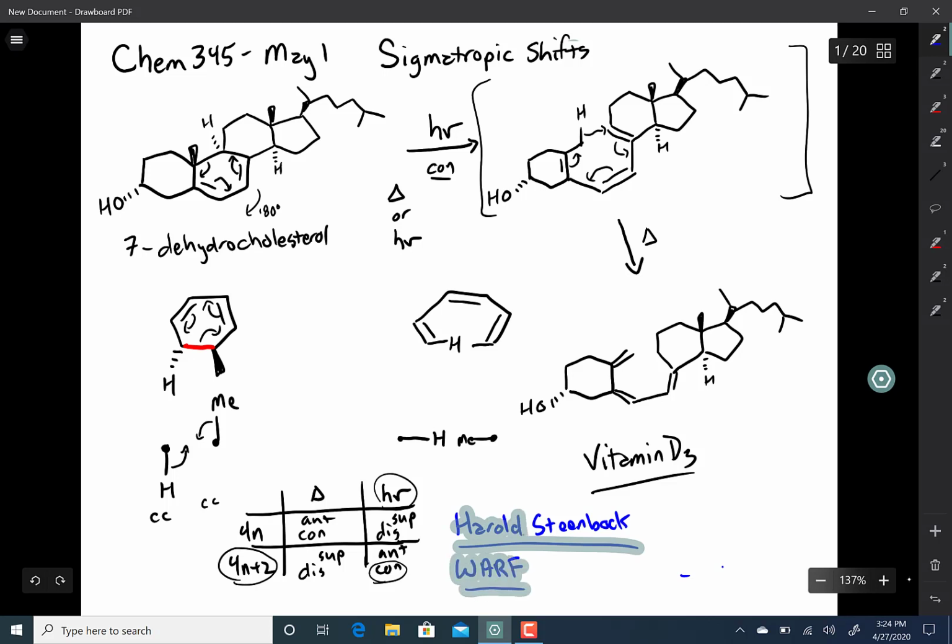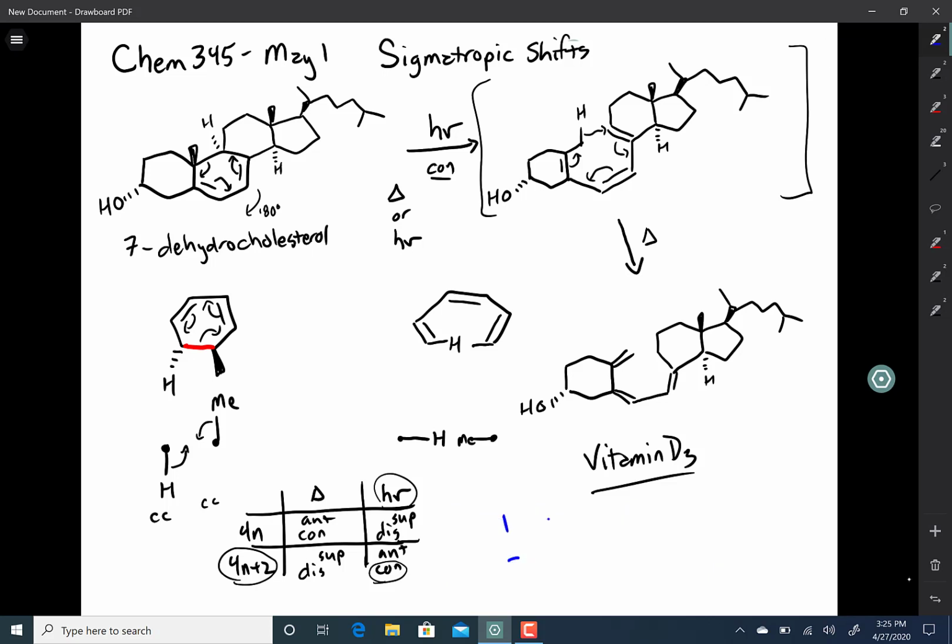But what I want to talk about is the reaction right here. It's a thermal reaction. It uses 4 arrows, so it's 8 electrons. 8 electrons is a 4n reaction. It's under heat, and so this is what's called a suprafacial reaction.